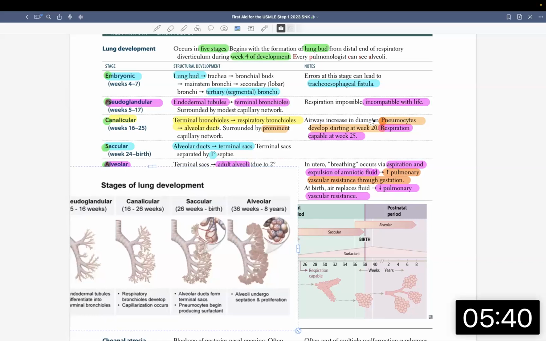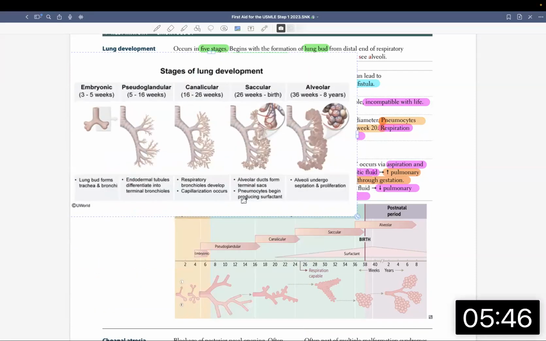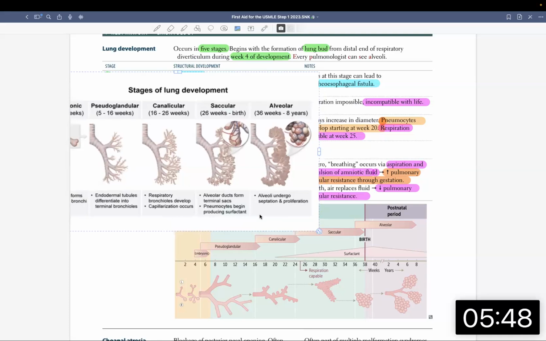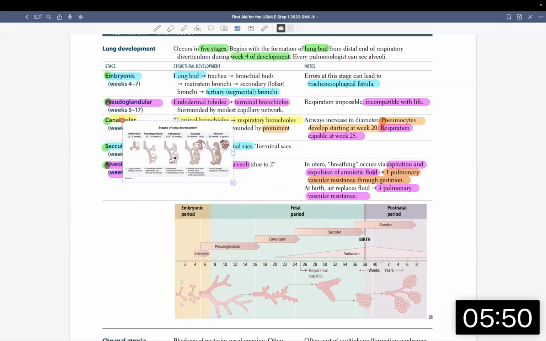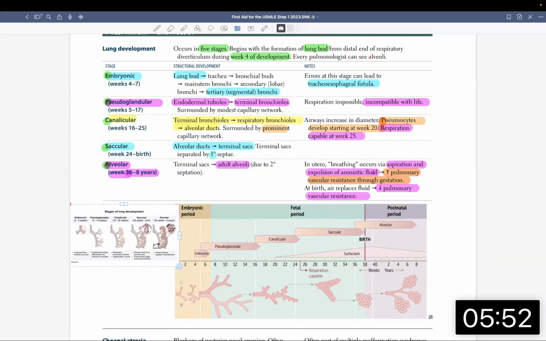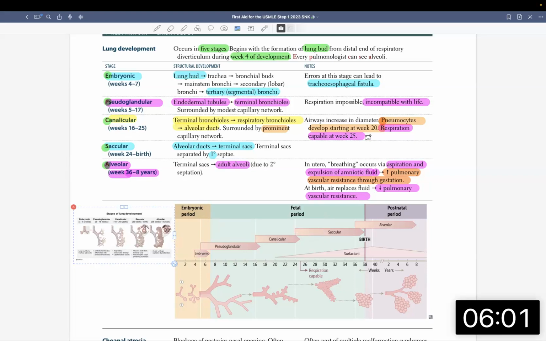They said pneumocytes start developing at 20 weeks, so I think UWorld had saccular as the answer for this exact image. Also they said respiration is capable at week 25, which corresponds to the saccular phase. So respiration capable with surfactant will probably be saccular.